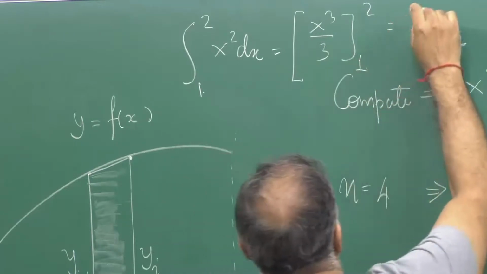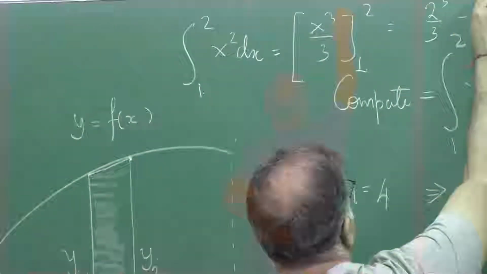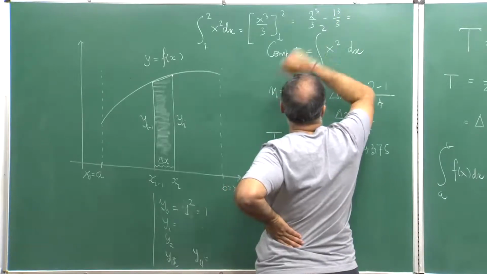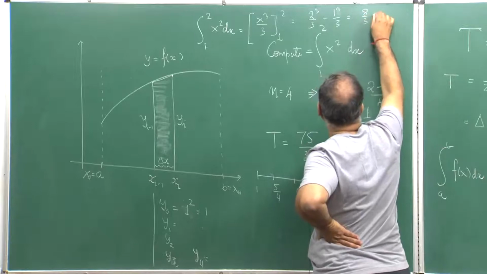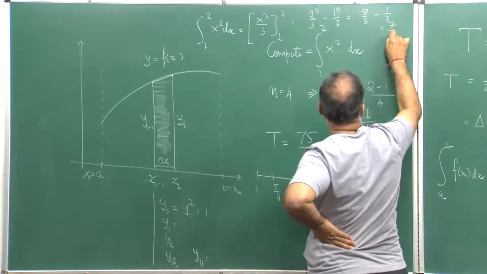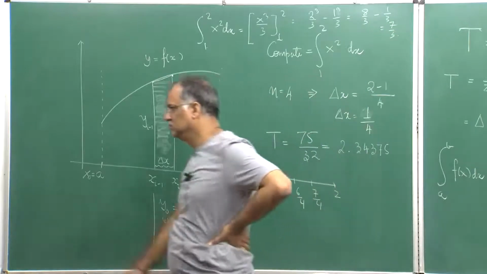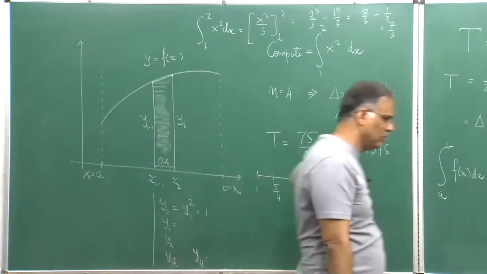So, it will become 2 cube by 3 minus 1 cube by 3, which is 8 by 3 minus 1 by 3, which is 7 by 3. 7 by 3 is also around the same sort of number.